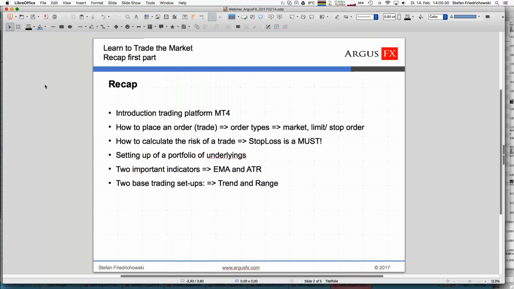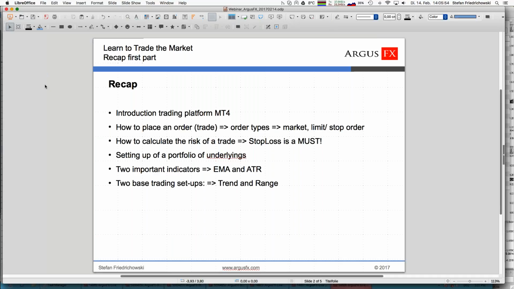So in total 4 different types: buy limit, buy stop, sell stop, and sell limit orders. Always with those sentences like, I only buy if it's cheap enough or expensive enough. You might remember that we have always one sentence in order to remember what type of order we are doing.